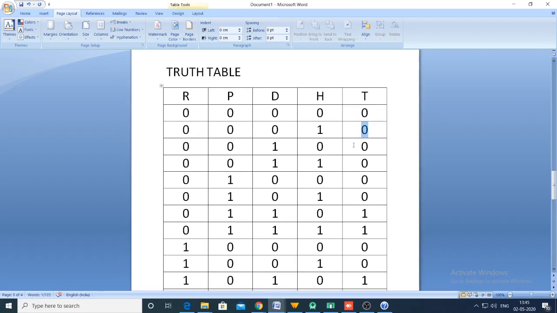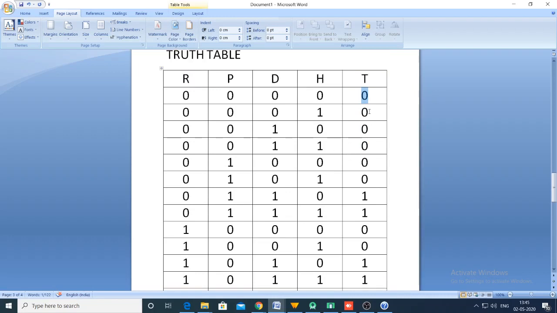Those rows are to be selected. So what all are 0? When you take the first one, 0, second one 0, third one 0.